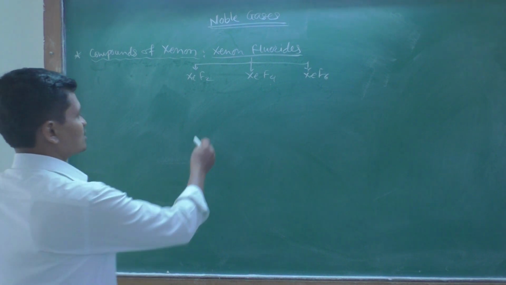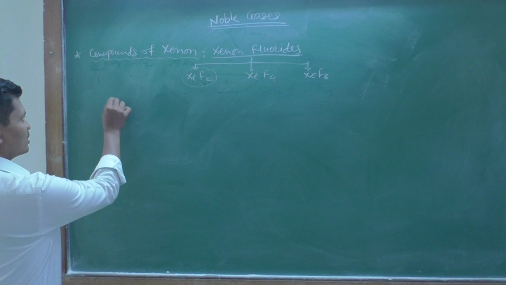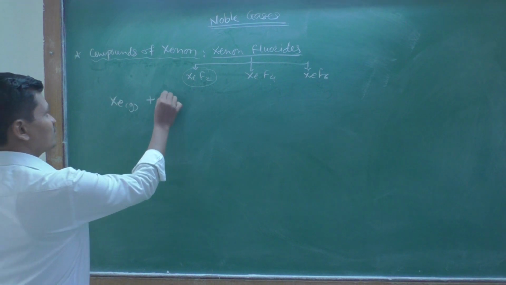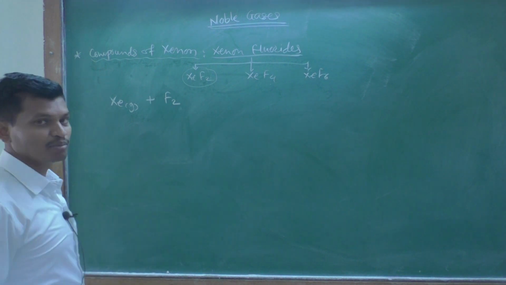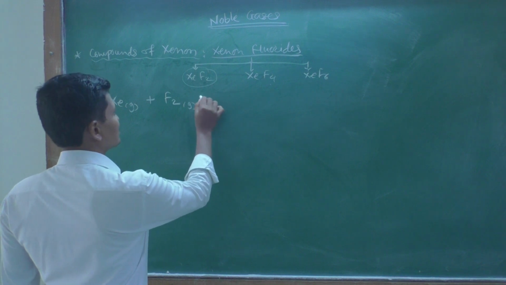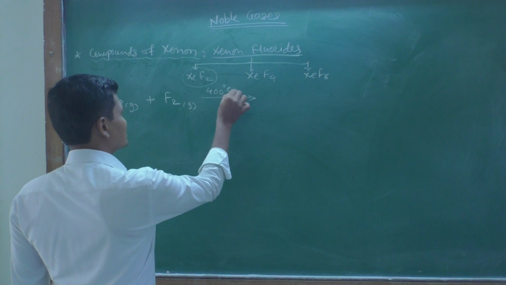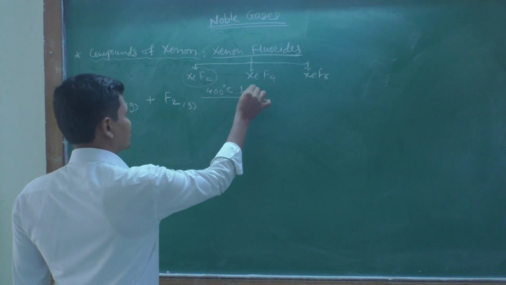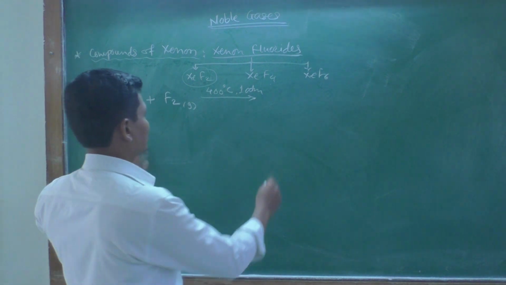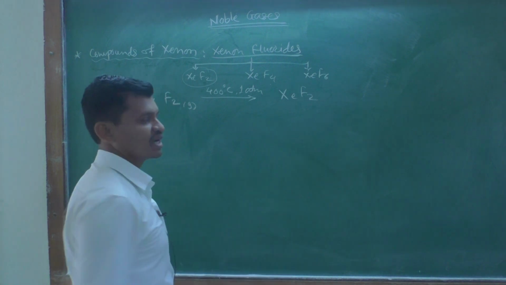Let us see first the synthesis of xenon fluorides. When xenon gas combines with F2, both being gases, at a temperature of 400 degrees Celsius and 1 atmospheric pressure, XeF2, that is xenon difluoride, is formed.